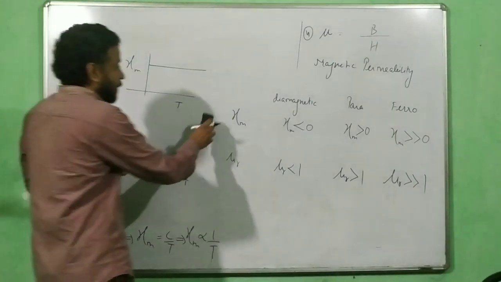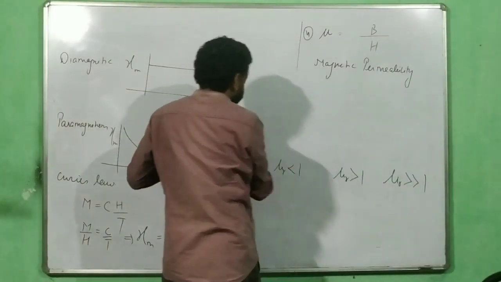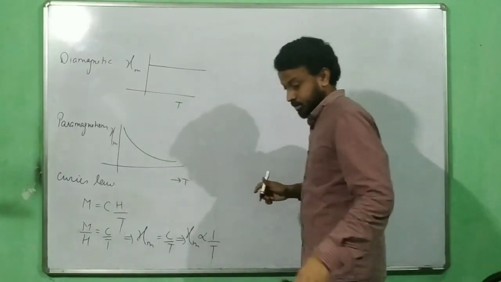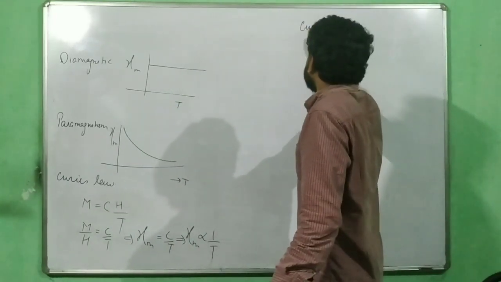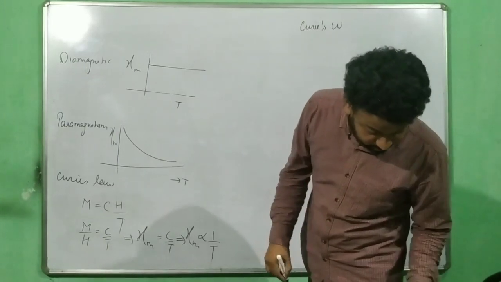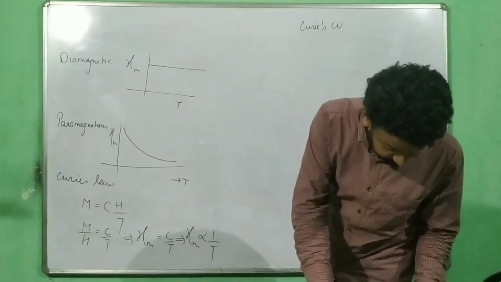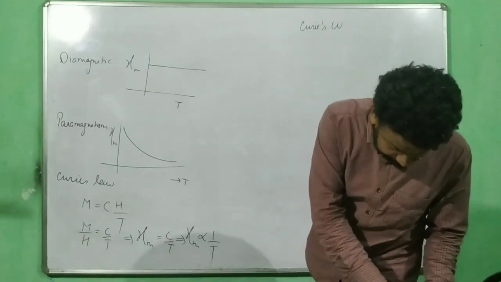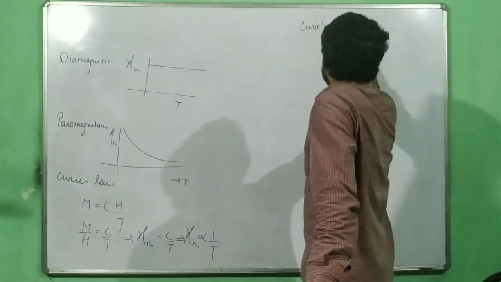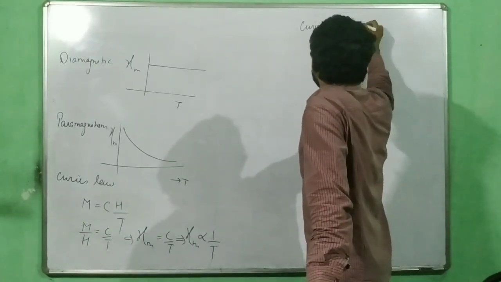The last one is ferromagnetism. Ferromagnetism is governed by Curie-Weiss law. I will get the spelling wrong definitely. Curie, W-E-I-S-S, Curie-Weiss law.